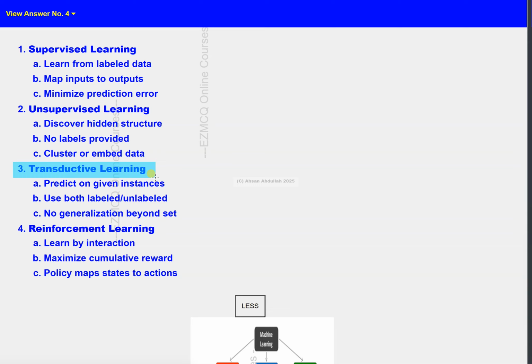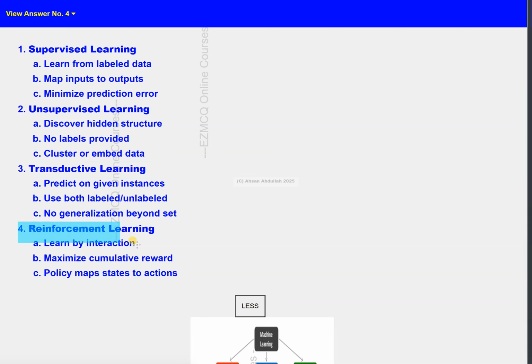It uses both training and test data during learning, while optimizing performance on a given test set. Now, this approach is common in semi-supervised learning and the classical classification, especially when there is scarcity of labeled data, when there is limited labeled data.